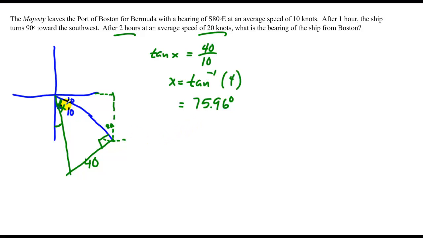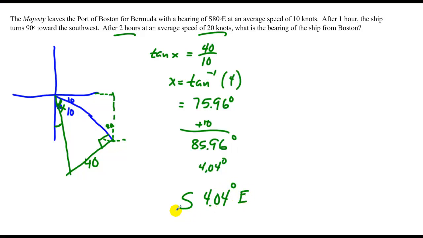In addition, I have 10 degrees added to that, so plus 10 is 85.96 degrees. So therefore, this angle is the remaining amount, which is about 4.04 degrees. So in order to state that, from Boston, I go south 4.04 degrees in the easterly direction. And that's my bearing.